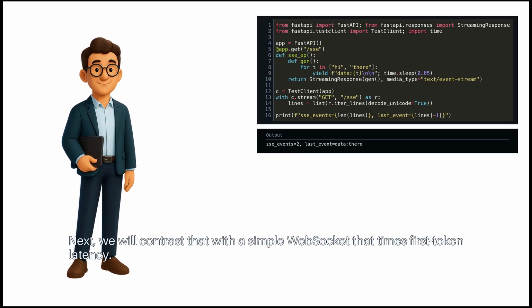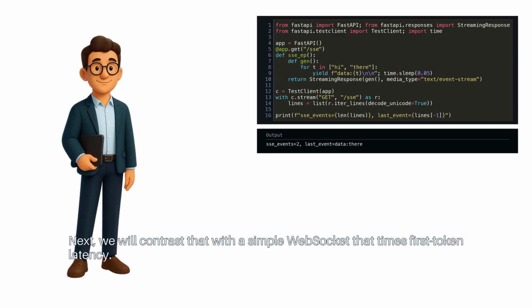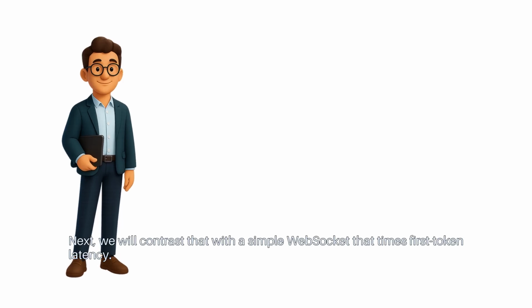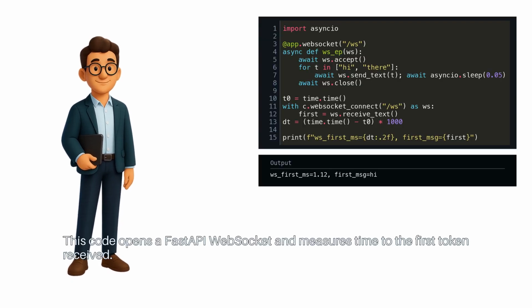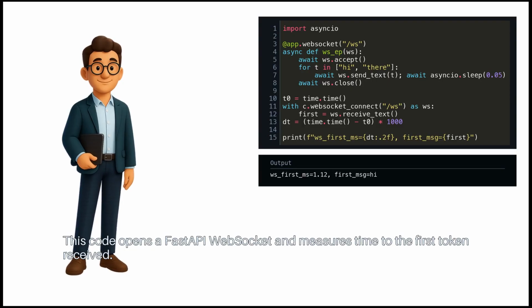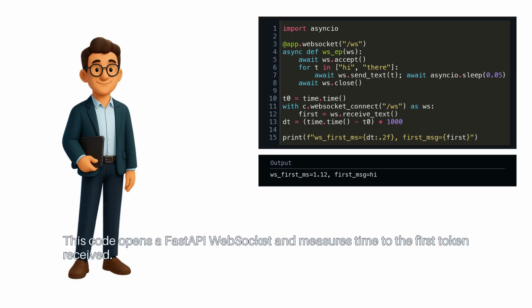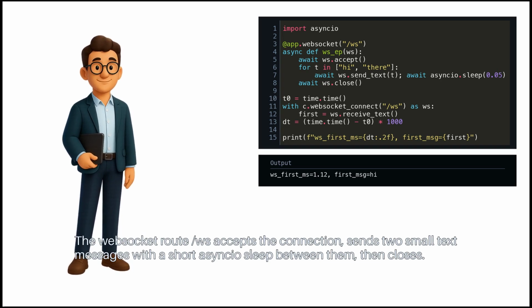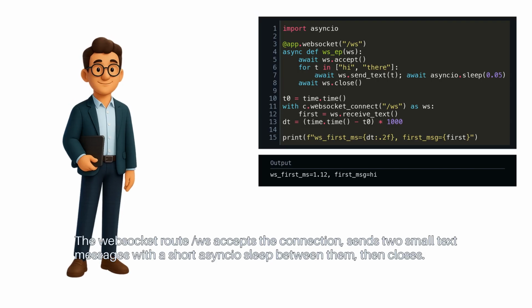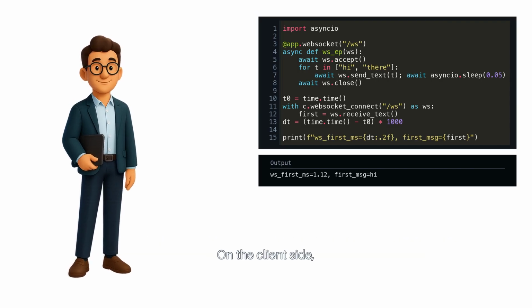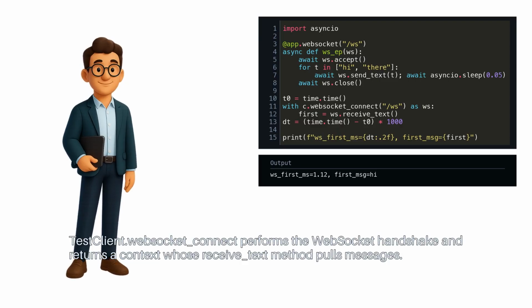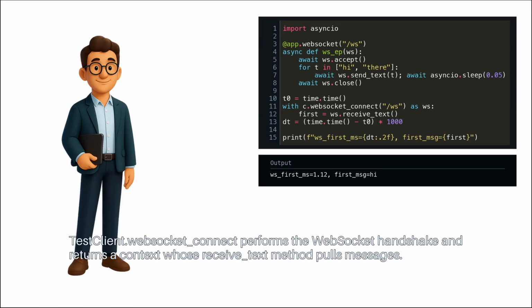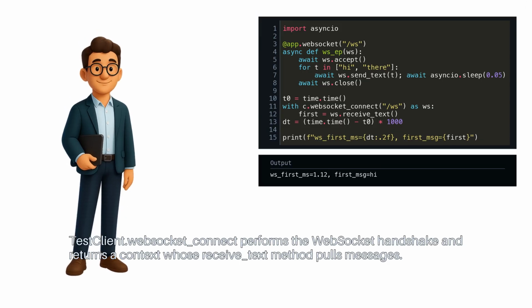Next, we will contrast that with a simple WebSocket that times first token latency. This code opens a FastAPI WebSocket and measures time to the first token received. The WebSocket route, ws, accepts the connection, sends two small text messages with a short asyncio sleep between them, then closes. On the client side, TestClient.websocket_connect performs the WebSocket handshake and returns a context whose receive_text method pulls messages.